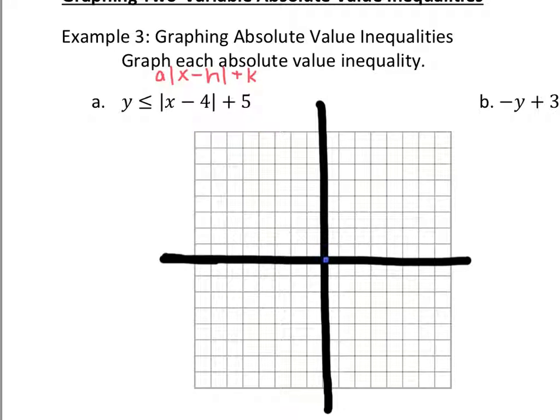Remember, where is the vertex for the parent function? 0, 0. And do you know what the slope is for the parent function? 1. It's up 1 over 1, up 1 over 1. So our parent function goes like that, both ways. And the equation for that is y equals absolute value of x. So how is our equation different from that?